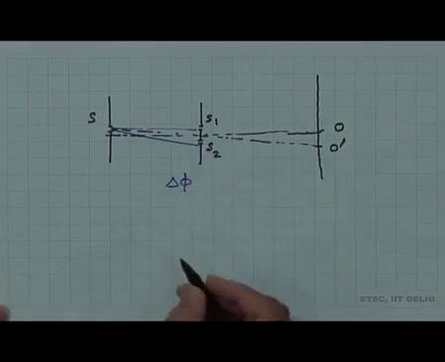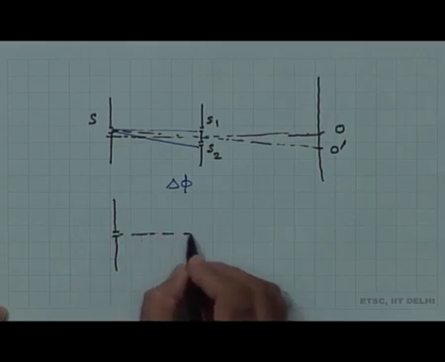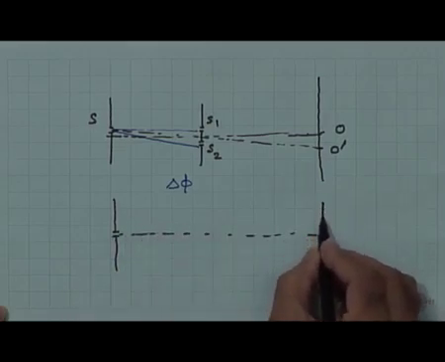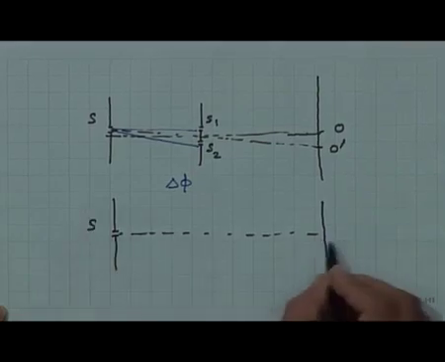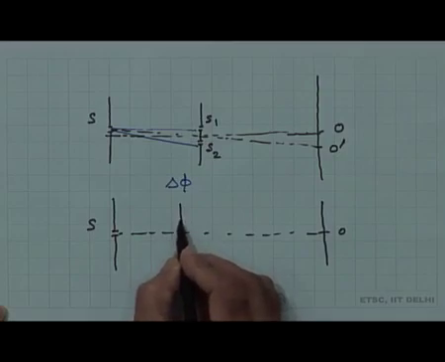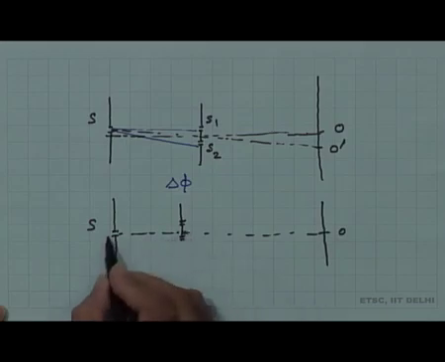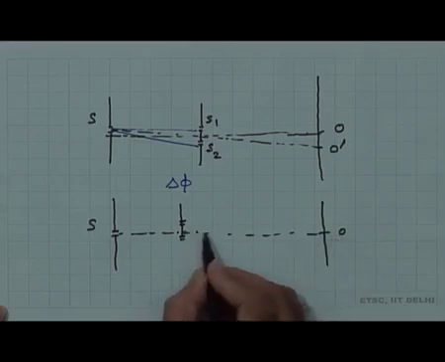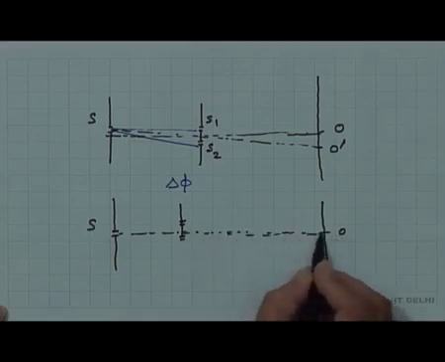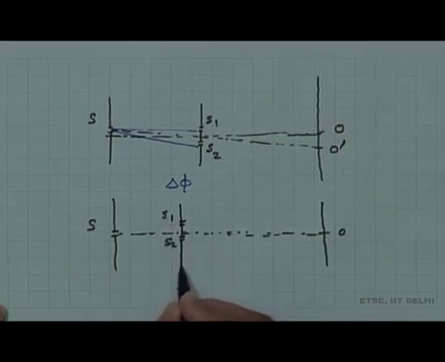The same thing would happen if we had the source S on the axis, and the two slits slightly offset, that is one slit is here and the other slit is here. In other words, the line SO is not exactly along the perpendicular bisector, or S1 and S2 are not symmetrically placed.